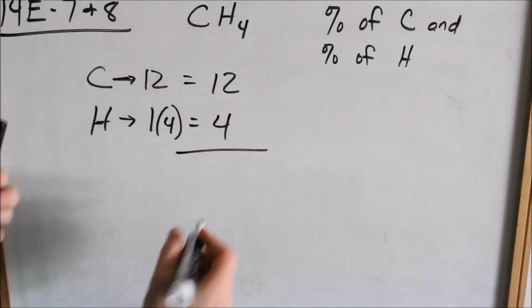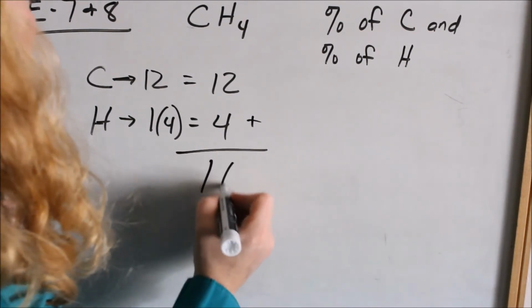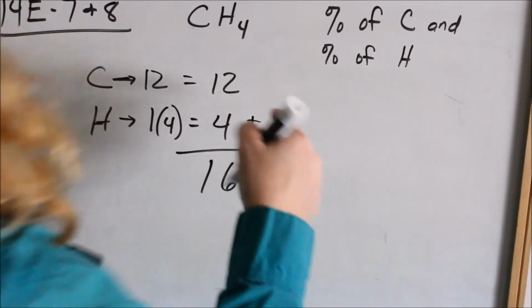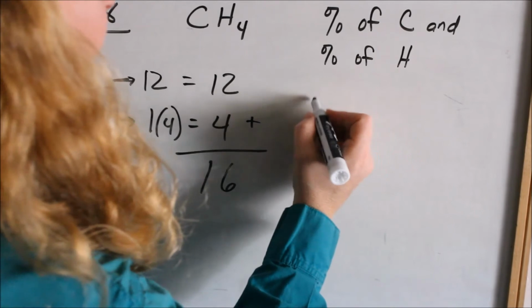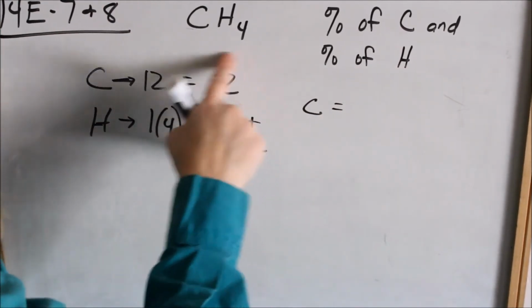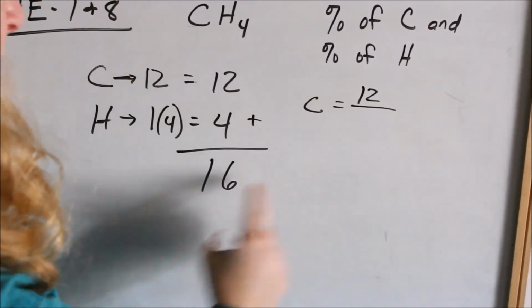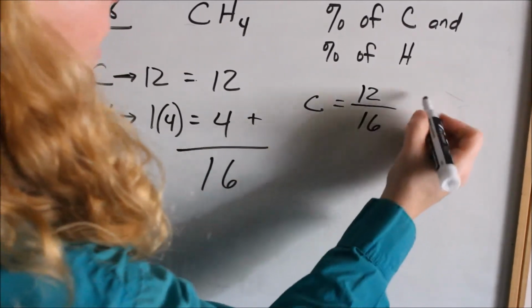So my total atomic weight, adding these two together, is 16. To find the percentage of carbon, we do the part over the total. So what I have for carbon, 12, over the total atomic weight, 16.